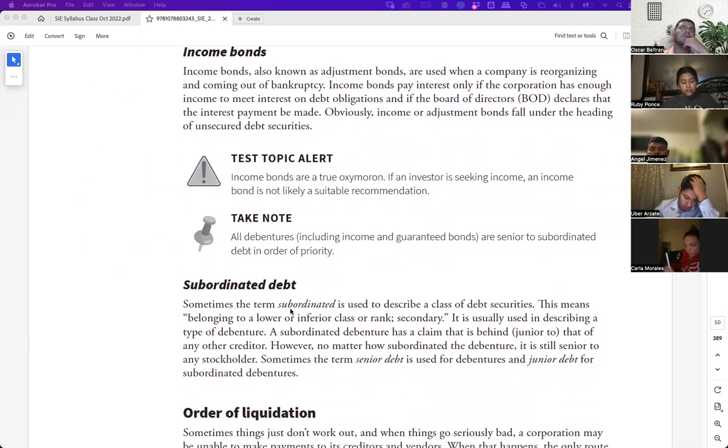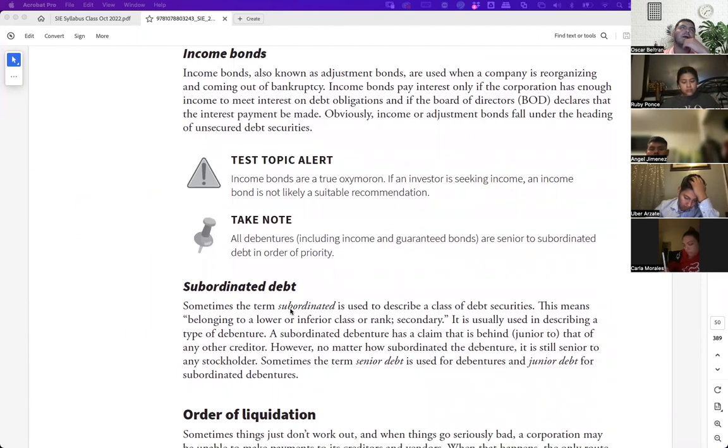All right. So right here we have income bonds. Income bonds, also known as adjustment bonds, are used when a company is reorganizing and coming out of bankruptcy.